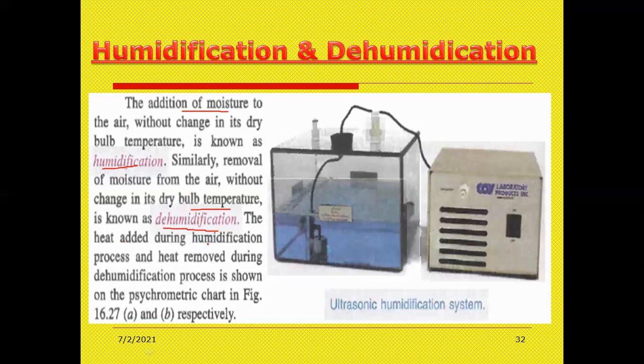The heat added during the humidification process and heat removed during the dehumidification process is shown in the psychrometric chart as shown in the figure. So this is the ultrasonic humidification system.